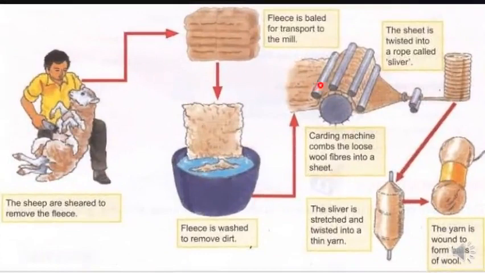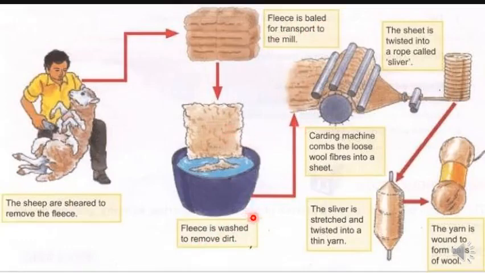So students, these are the different steps involved in the processing of wool. The first step is the sheep are shorn to remove the fleece. Then the fleece is washed to remove the dirt. The fleece is baled for transport to the mill.